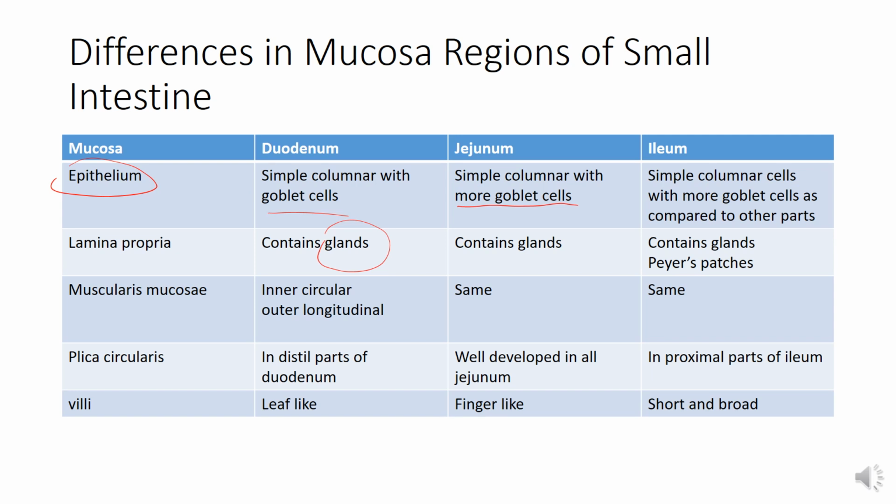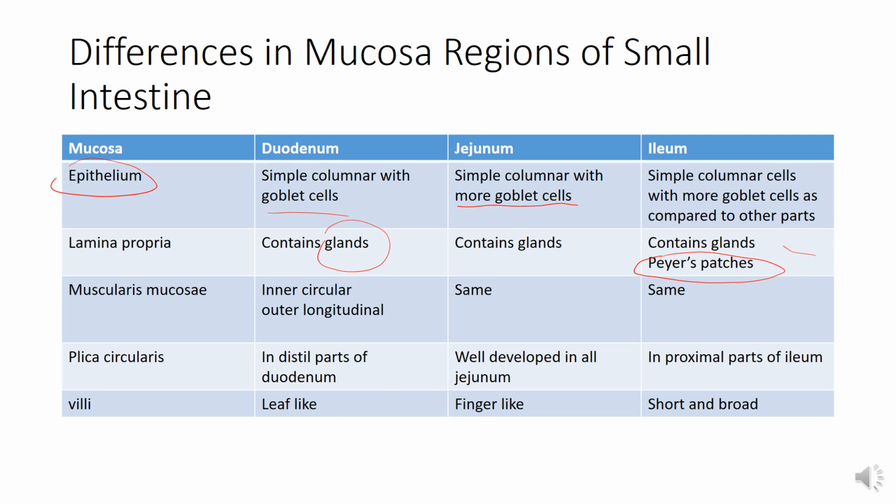Now, the difference is the presence of the Peyer's patches in the lamina propria of the ileum, and the M cells. So in the cells lining the gland, the M cells only lie in the ileum region. Then the muscularis mucosae, inner circular, outer longitudinal, is the same throughout all regions of the small intestine.